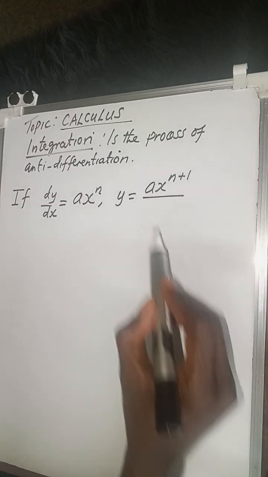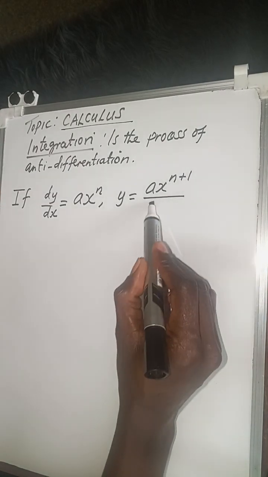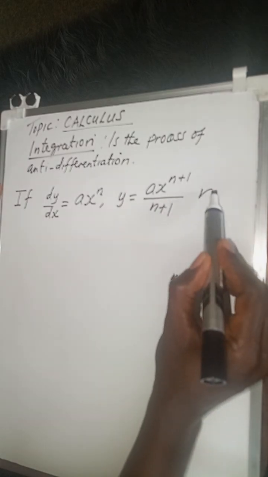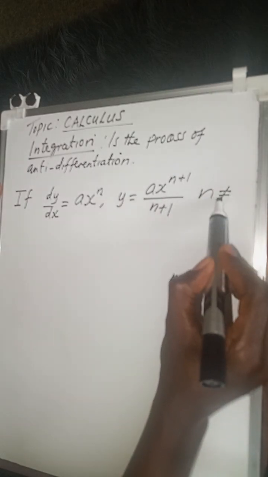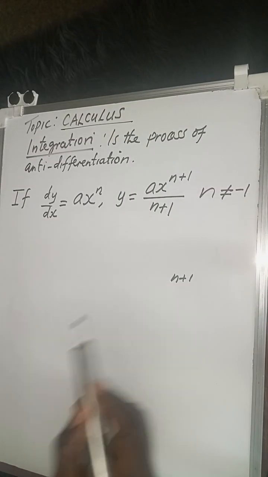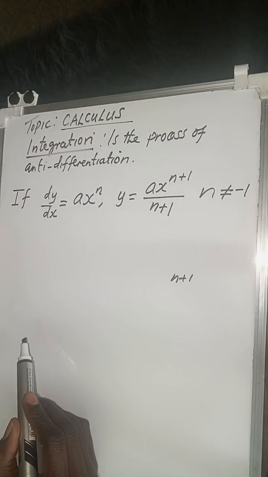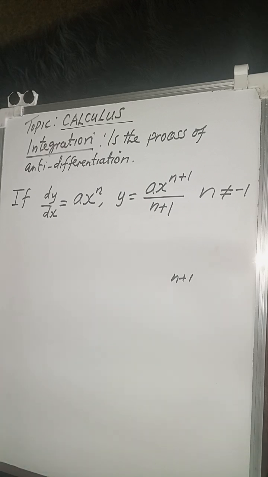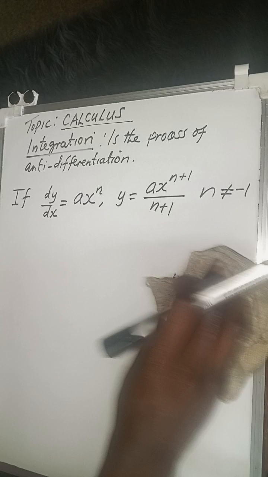What's the new power? The new power is simply n plus 1. So you divide by n plus 1. Now this is only true as long as the value of n is not equal to -1, because that will give you a 0 and that will defeat the purpose. So that is what we mean by integration.